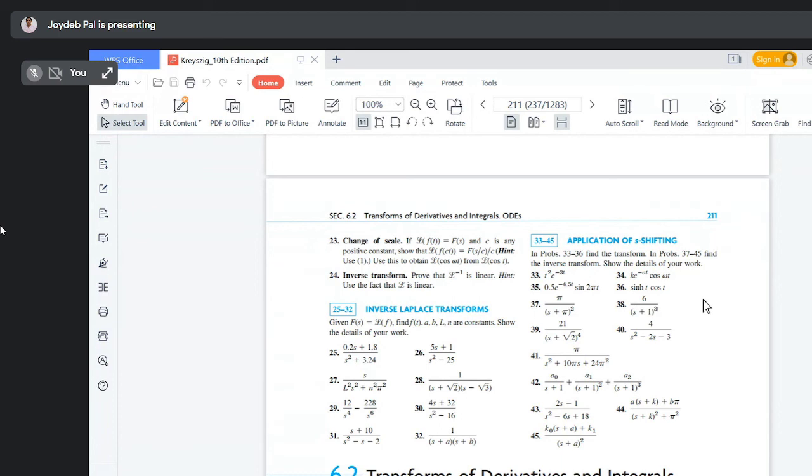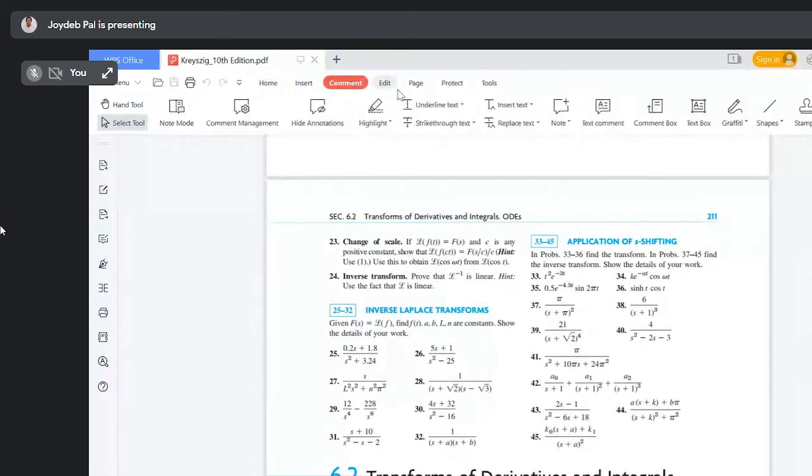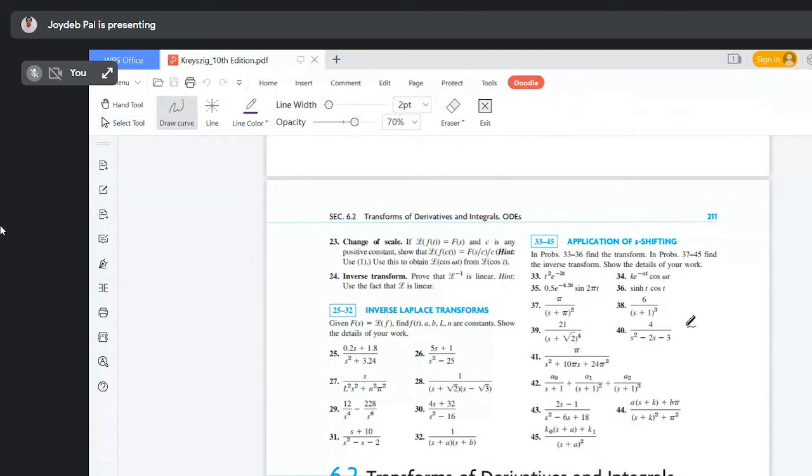Okay, now problem number 40. For problem number 40, you represent the denominator in whole square form. So it will be s minus 1 whole square minus 4, right? Yes. Then you follow the same procedure. You apply s shifting.